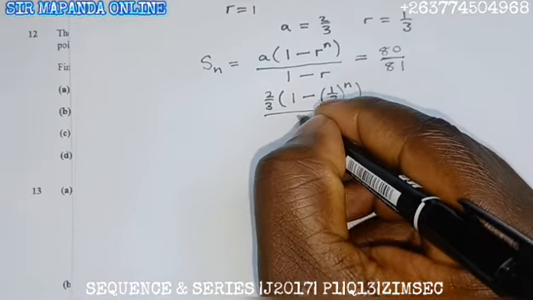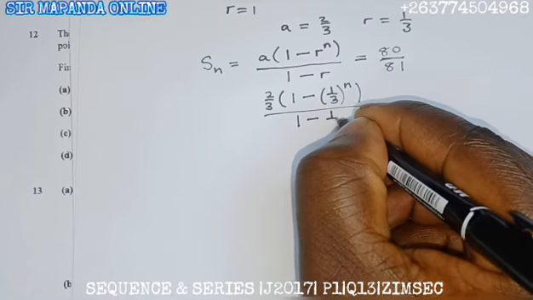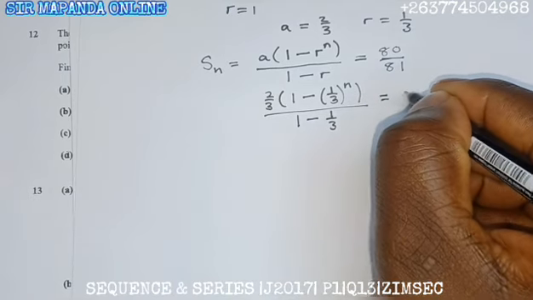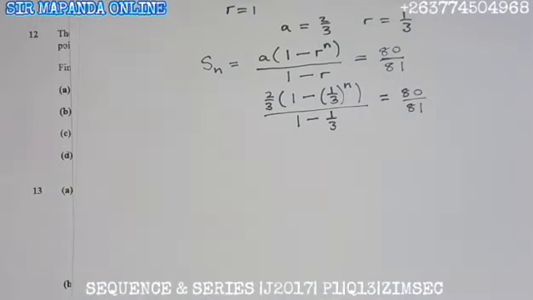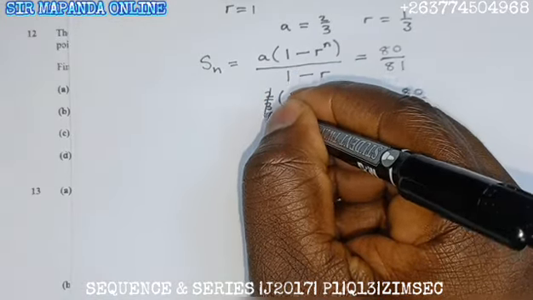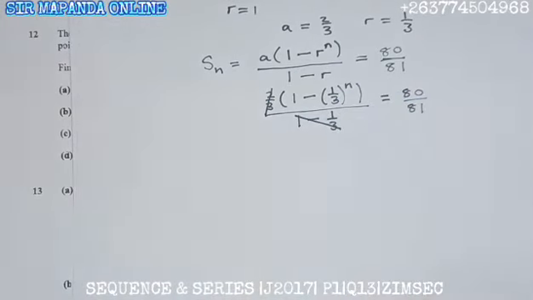Then on the denominator, you write 1 minus r, which is 1/3. Equate this with 80 over 81. Right. So what is 1 minus 1/3? 1 minus 1/3 is equal to 2/3. So since 1 minus 1/3 is equal to 2/3, it simply means that these 2/3 and 1 minus 1/3 are going to cancel off each other, since they are equal terms.